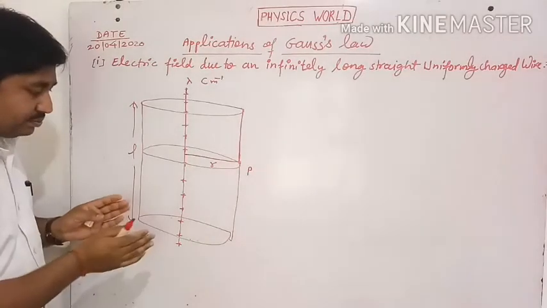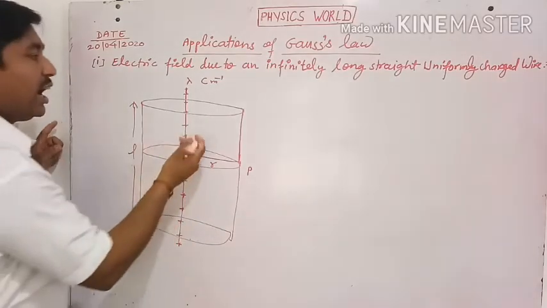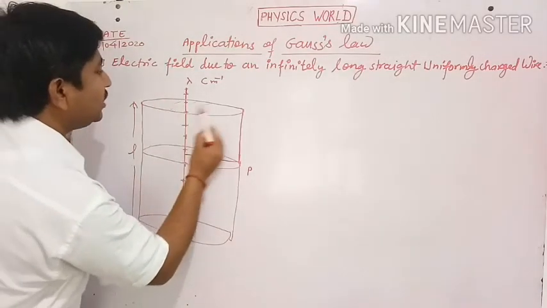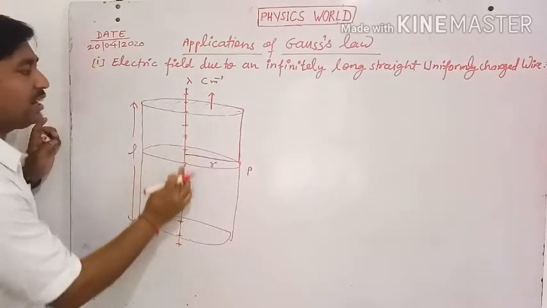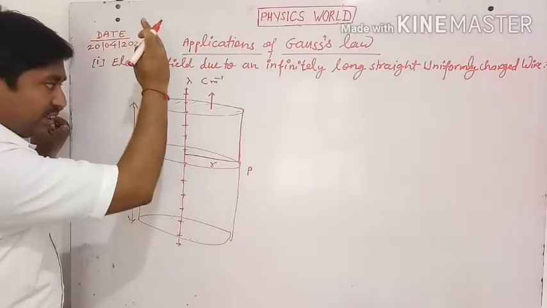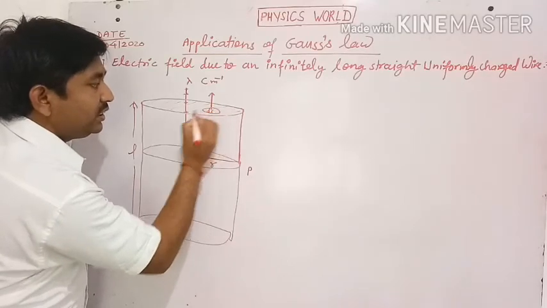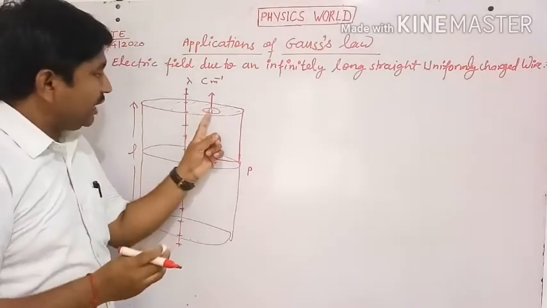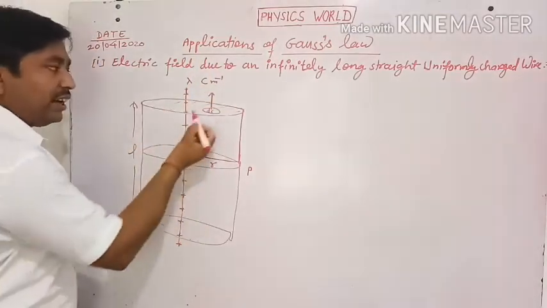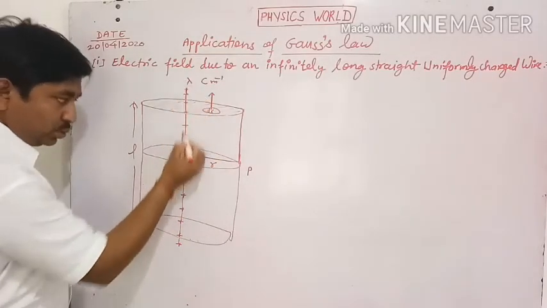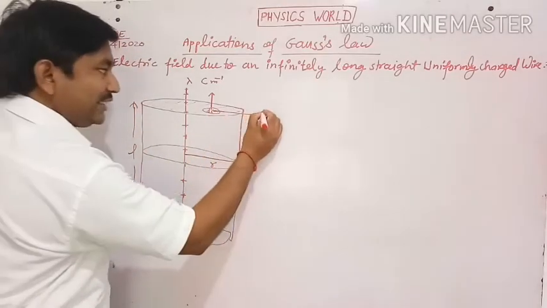You can see that the top end surface has a flat surface whose direction is perpendicular, along the parallel to the straight line. If we take a small area element ds, then the direction of this small area element is perpendicular to the plane surface, and the direction of the electric field due to this wire at this point is along this line.